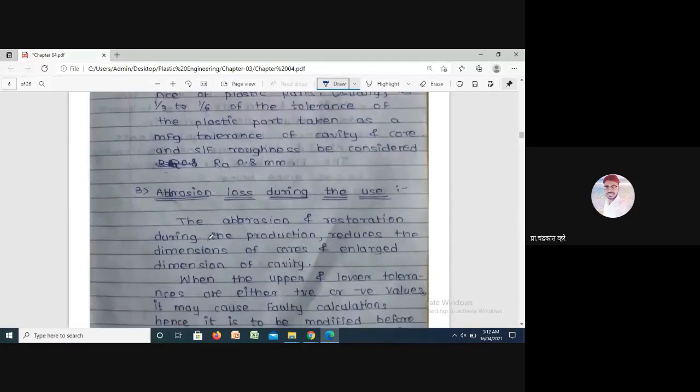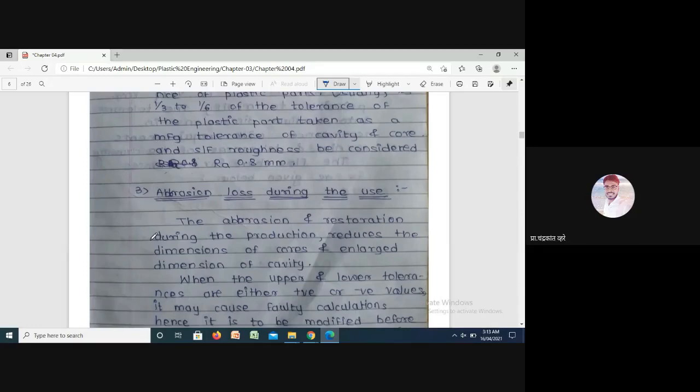Next, the third case is abrasion loss during the use. The abrasion and erosion during production reduces the dimensions of the core and enlarges the dimensions of the cavity.